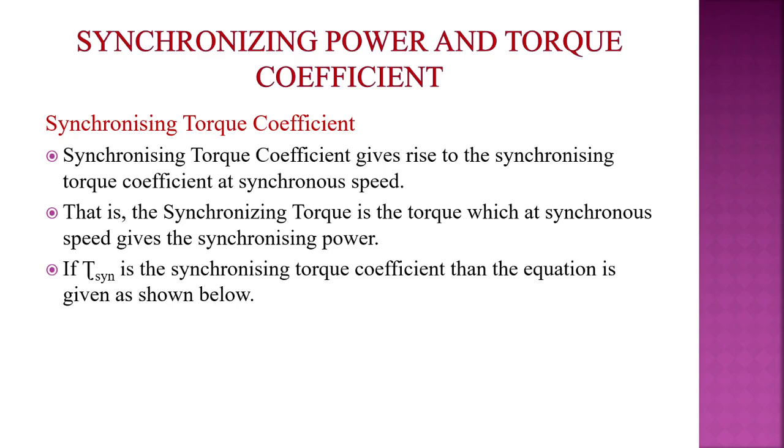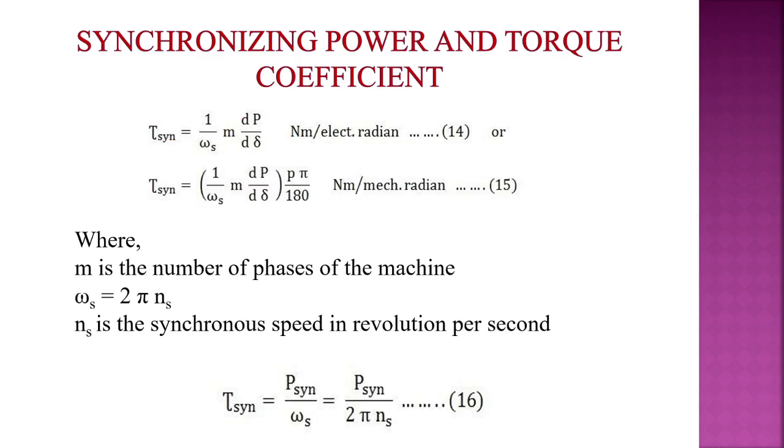If T sin is the synchronizing torque coefficient, then the equation is given below, that is T sin is equal to 1 by ωs m dP by dδ Newton meter per electrical radian, or if you have to convert into mechanical radian, then T sin is equal to 1 by ωs m dP by dδ times P π by 180 Newton meter per mechanical radian, where m is the number of phases of the machine and ωs is equal to 2π ns. Ns is the synchronous speed in revolutions per second, and T sin is equal to P sin by ωs, that is P sin by 2π ns.